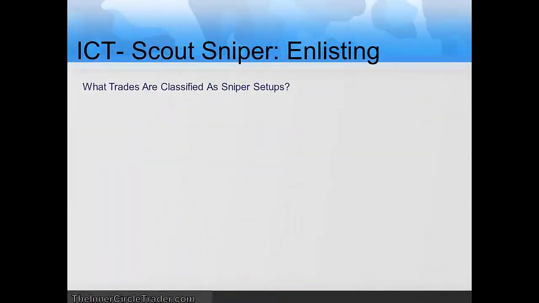All right, what trades are classified as sniper setups? Well, precision point entry prices that are applicable for use of limit order entry. Now, if you're not accustomed to what a limit order is, we're going to cover that in later modules, and we're going to give you live examples of when you would utilize that in your demo account and how that works in favor of getting the best possible entry price and limiting your risk in terms of your stop loss.